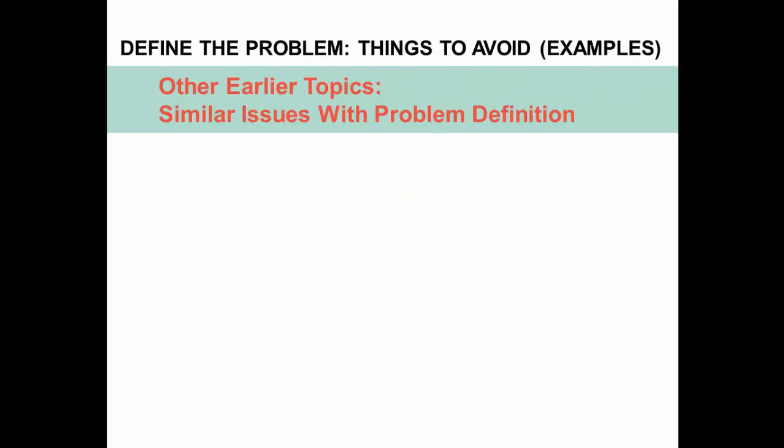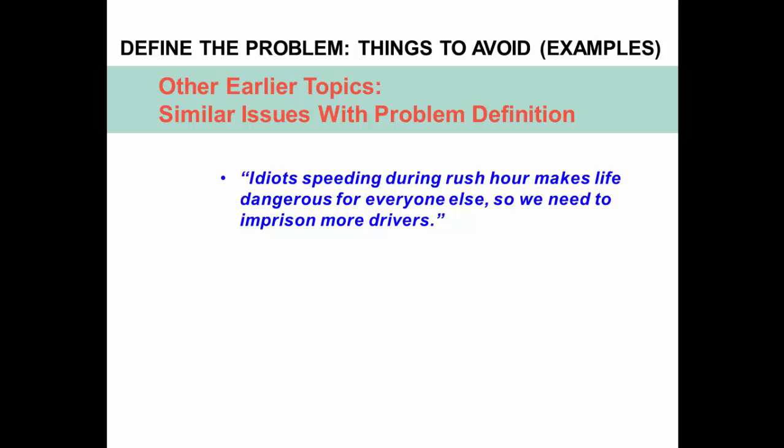Two other earlier examples will help us to further illustrate these tips on things to avoid in problem definition. First, let us imagine a traffic safety problem statement that reads, "Idiots speeding during rush hour makes life dangerous for everyone else, so we need to imprison more drivers." This draft would have a number of the problems that we've identified.